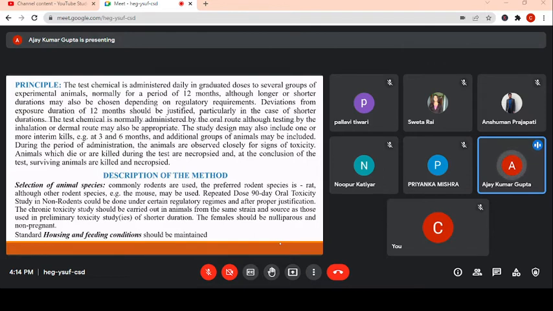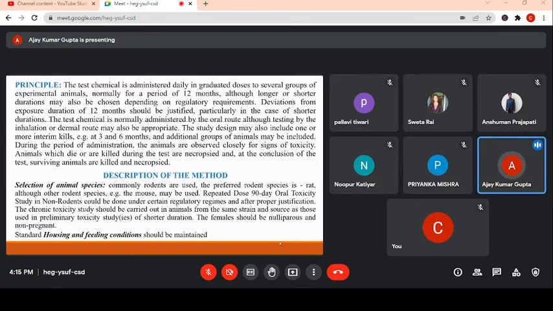The preferred rodent species is rat, although other rodent species like mouse may also be used. So it depends. Repeated dose 90 days oral toxicity study in non-rodents could be done under certain regulatory regimes and after proper justification.